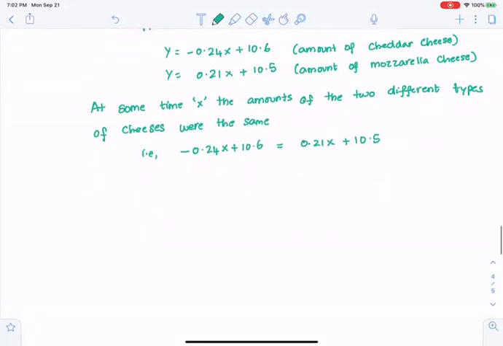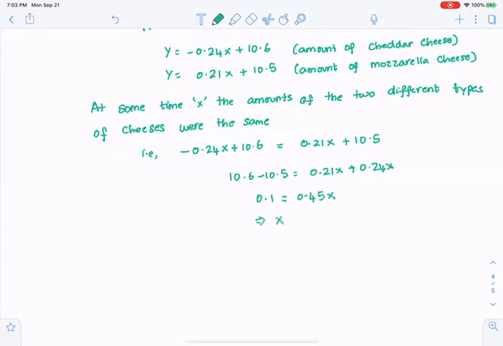So if I rearrange it in the sense, move all the x's to one side and numbers to other, 10.6 minus 10.5 would equal to 0.21x plus 0.24x. And the left hand side would be 0.1. Right hand side would be 0.45x.